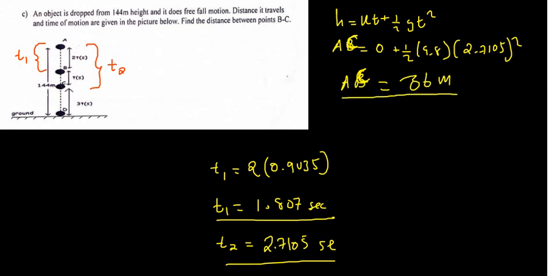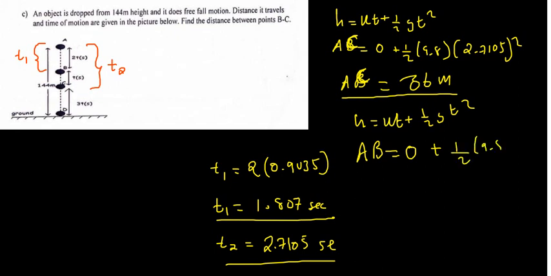And then now let's find the height from A to B. We also say height is equal to ut plus half gt squared. Still the initial velocity is 0, plus half, g is still 9.8, and the time from A to B is what we calculated as 1.807. We square that value: 1.807 squared multiplied by 9.8 multiplied by half.